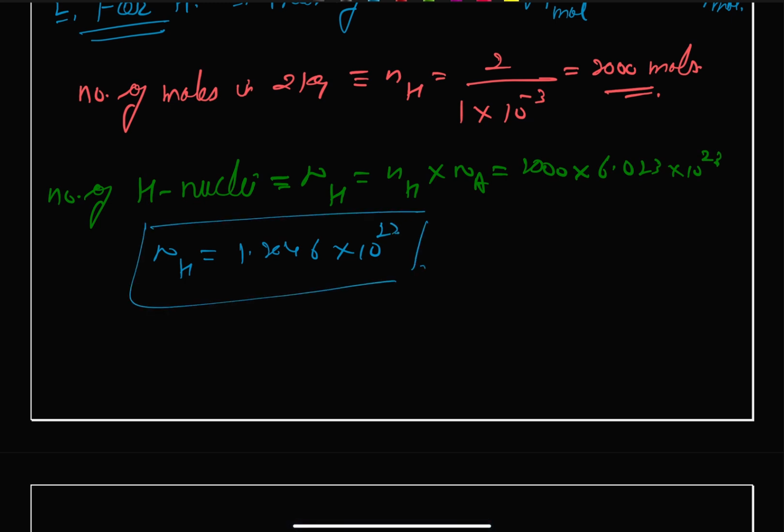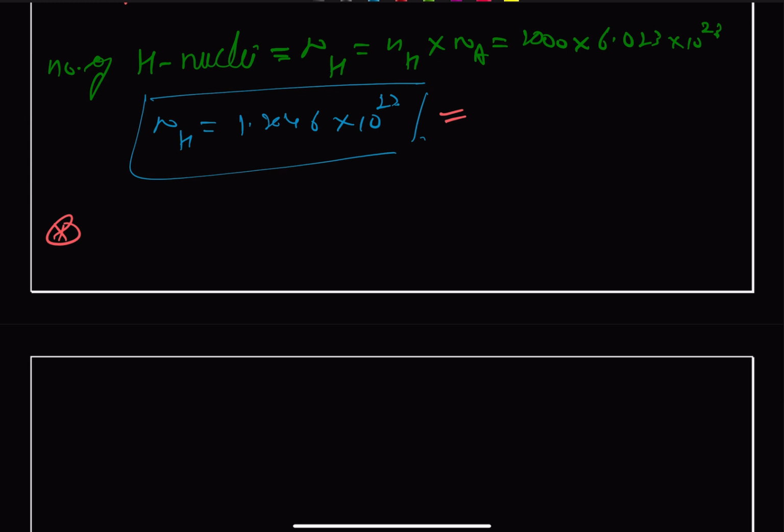Similarly, we are going to solve for our fusion reaction. Because in the fusion, each fusion consumes 4 hydrogen. So we are going to find out number of fusion reactions that is going to consume all these hydrogens.